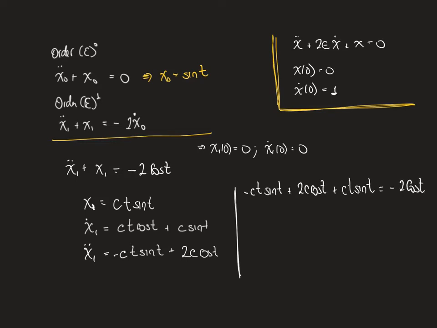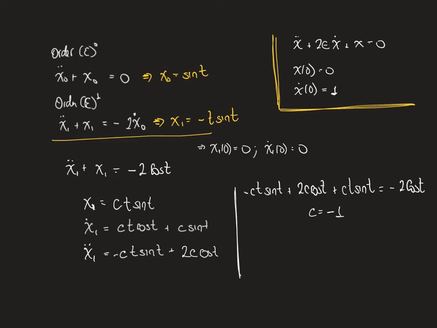And from this expression we already know the value of the constant, so this one goes with this one, and this one has to be the same as this one. Therefore c has to be equal to what? Minus 1. Yeah, so we write here the solution of this equation is x1 equal to minus t sine of t.